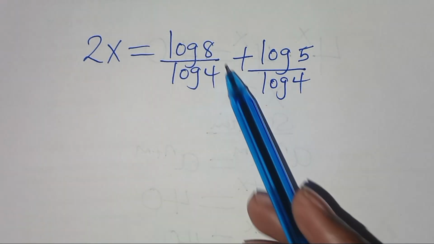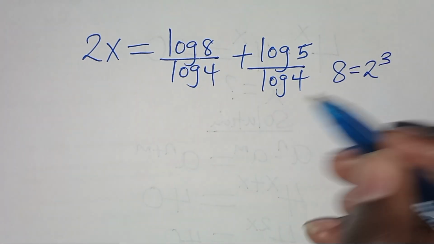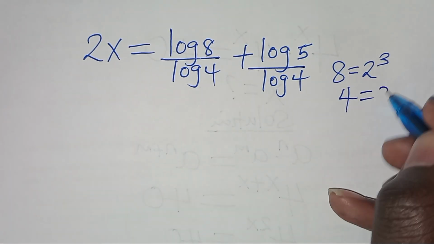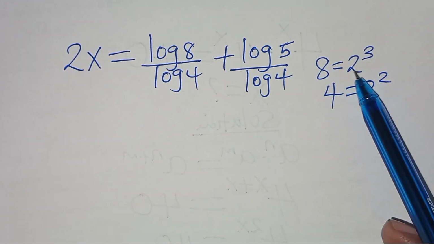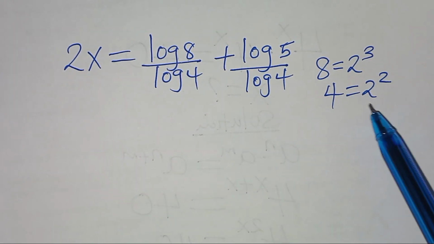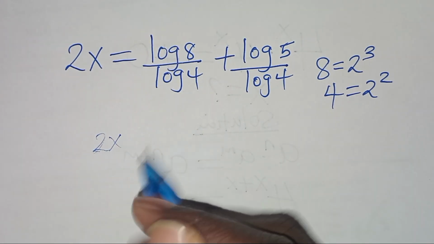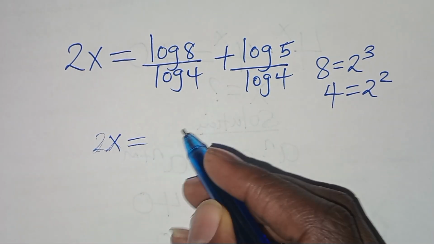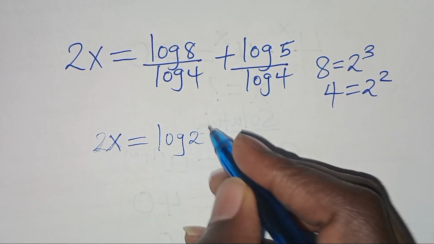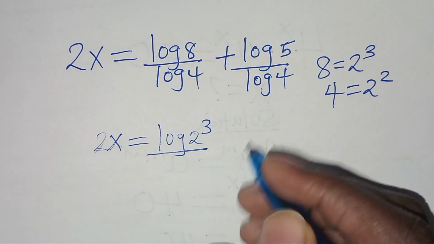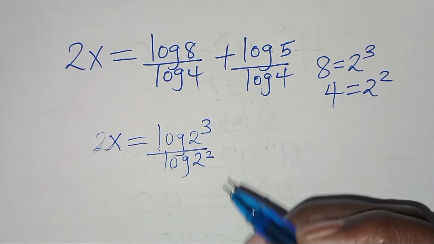Now the next step from here, we can express 8 as 2 to power 3. We can express 4 as 2 to power 2. So here we'll have 2x, this is the same thing as log 2 to power 3 divided by log 2 to power 2.